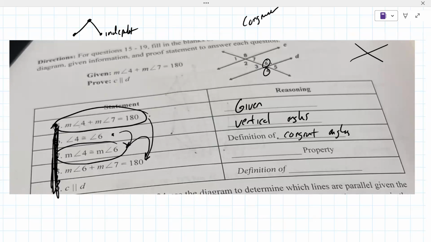Measure of angle 4 and measure of angle 7 equal 180. And measure of angle 4 is congruent to measure of angle 6. So measure of angle 6 plus measure of angle 7, so how do I say that with a word?